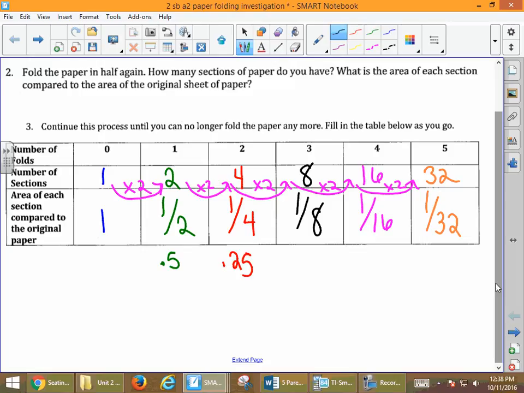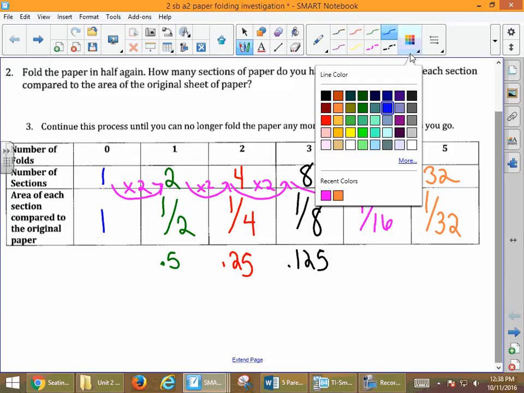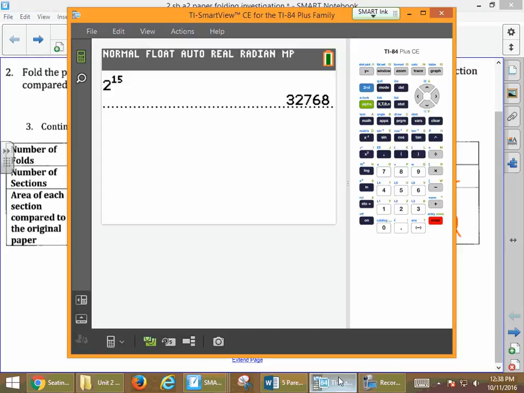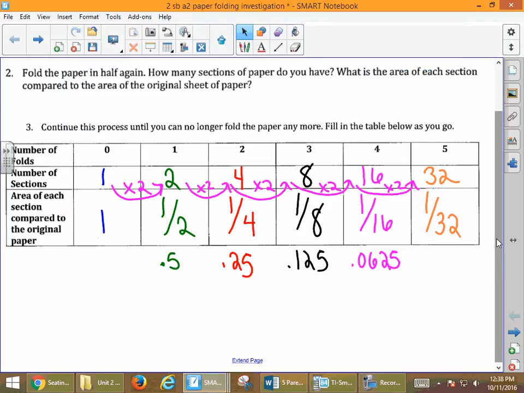And it's 3, 1/8, which is 0.125. And it's 4, 1/16, which is 0.0625. And I don't remember what 1/32 is, but 1 divided by 32 is 0.03125.